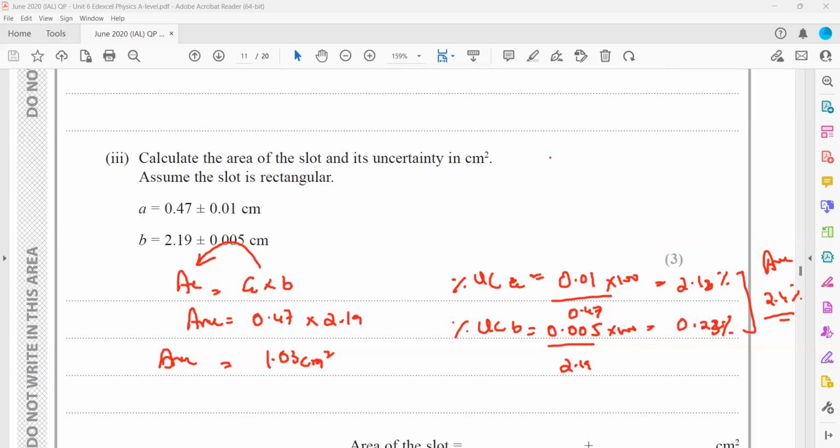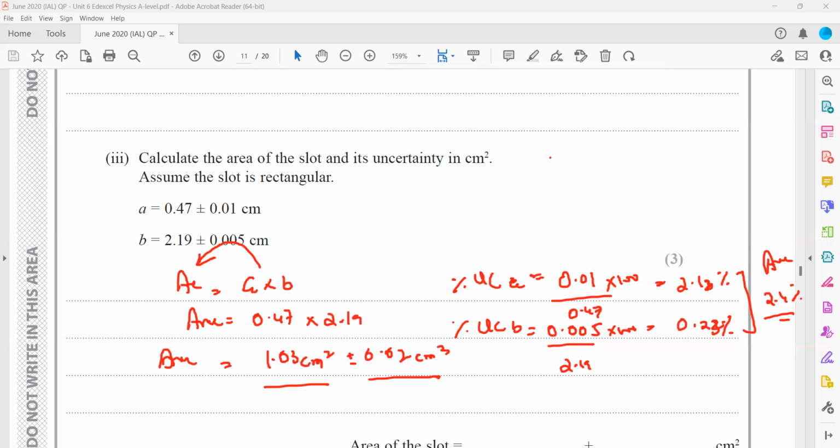The percentage uncertainty in area is 2.4%. So what is 2.4% of 1.03? 2.4 times 1.03 divided by 100 gives plus or minus 0.02 centimeter squared. So this is our uncertainty and this is the value for area.